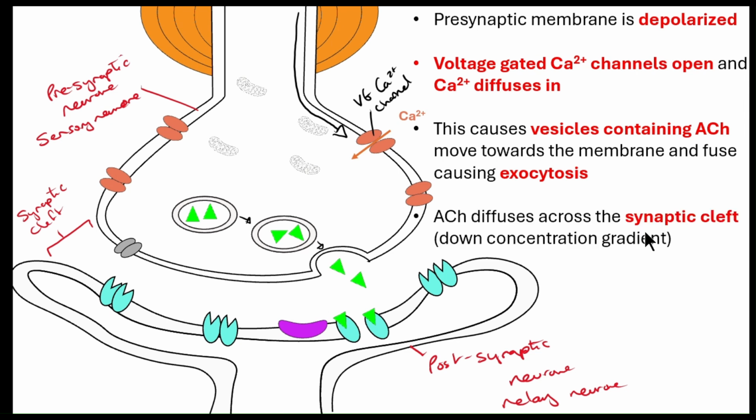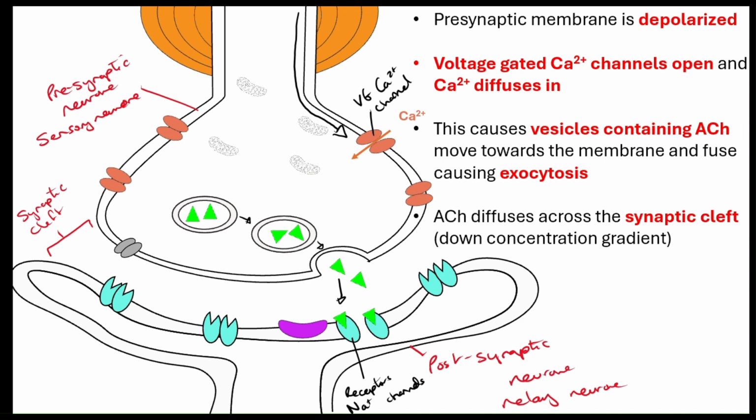Now, that acetylcholine will then diffuse from a high concentration to a low concentration across the synaptic cleft, and it will bind to receptors on the postsynaptic membrane. So these are the receptors, and those receptors are actually found on sodium channels.